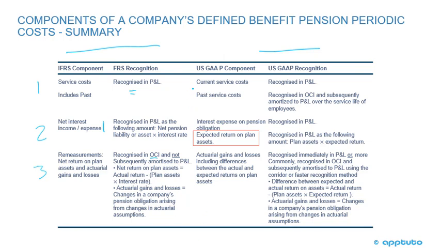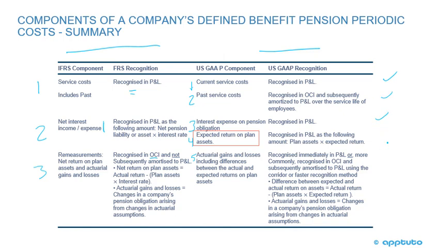Okay, but under US GAAP, we had the 5 items. We had the current service cost, the past service cost, the interest, the expected return on the plan assets, and the actual gains and losses. And with regards to the US recognition, you can see where the current service costs are recognized in the P&L, past service costs are recognized in the other comprehensive income, subsequently amortized to the P&L. The interest expense is in the P&L.